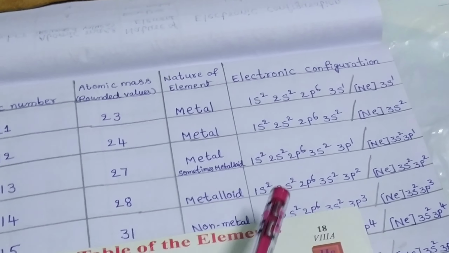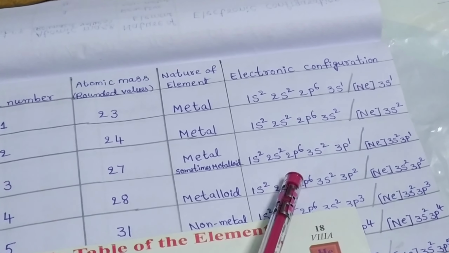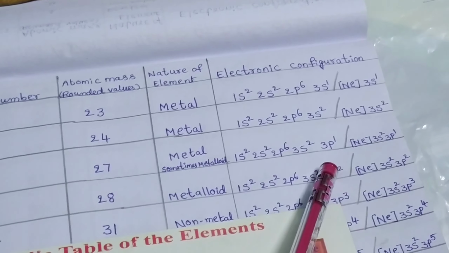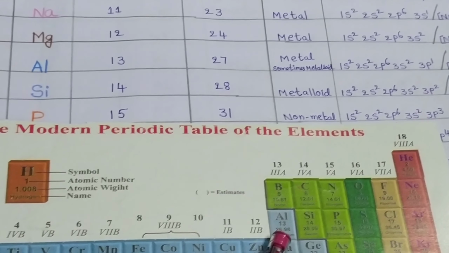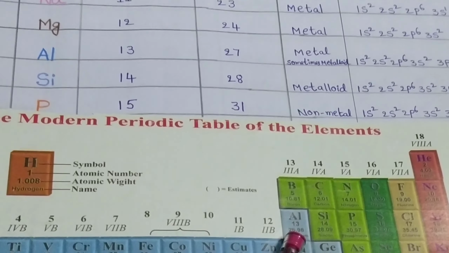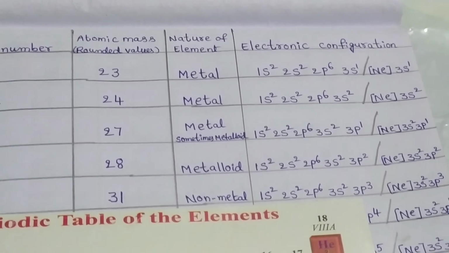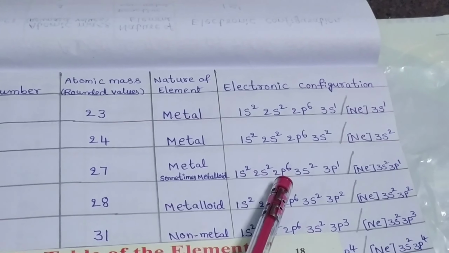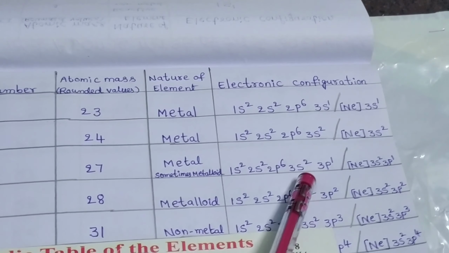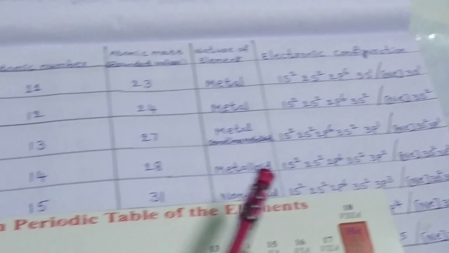Its electronic configuration can be written as 1s2, 2s2, 2p6, 3s2, 3p1, because aluminium is present in the third period, the first element in the p block in the third period. So the electronic configuration is 1s2, 2s2, 2p6, 3s2, 3p1 or neon 3s2, 3p1.